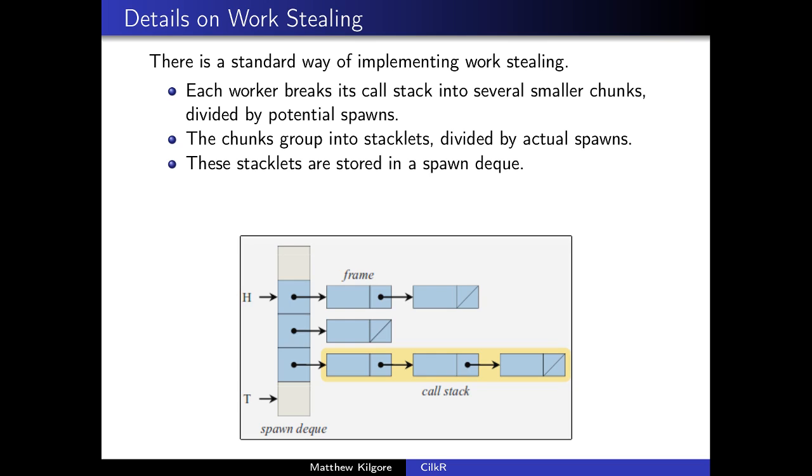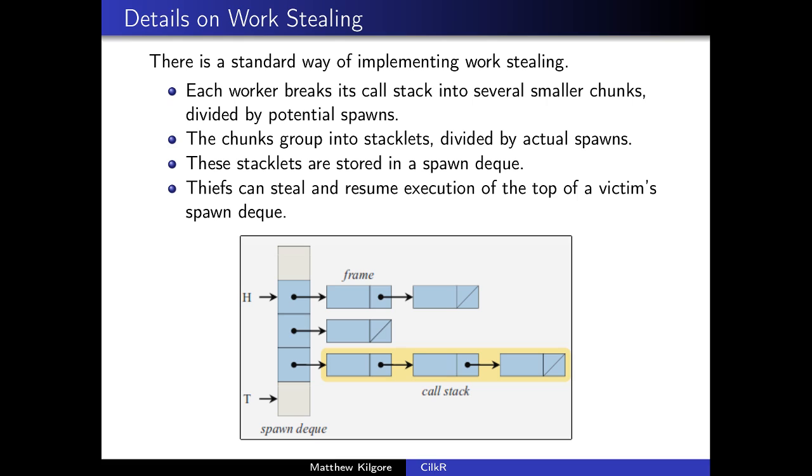And the stacklets are stored in a spawn deque, just like in this image. What they refer to as a call stack is what we are calling a stacklet. And thieves can steal and resume execution from the head of another victim's spawn deque.